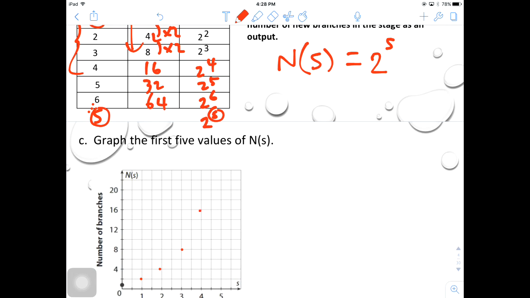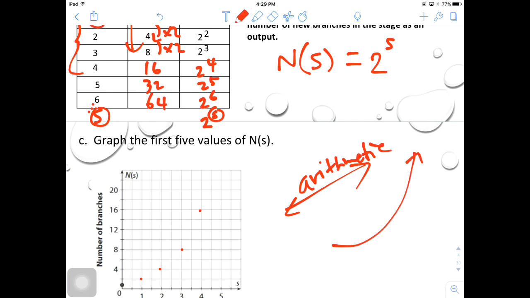If you follow this, you notice that it does not form a linear graph anymore. In arithmetic, we would always have a linear function graphed, right? But here, you notice that it's kind of like a curve. So that's the difference between arithmetic and geometric.